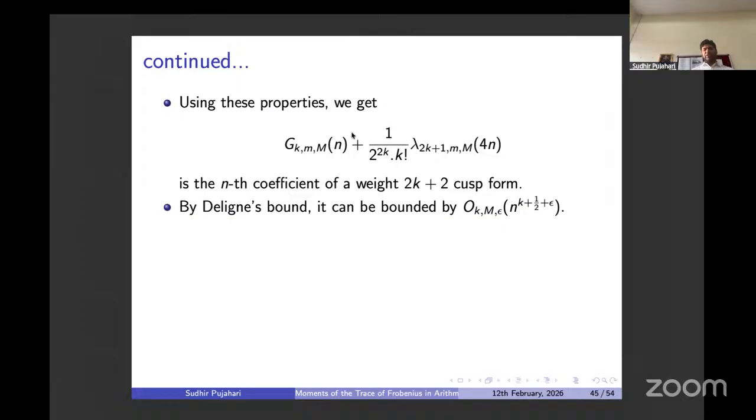And once we have that, using the Deligne bound, very easily we can show that this can be absorbed in the error term.